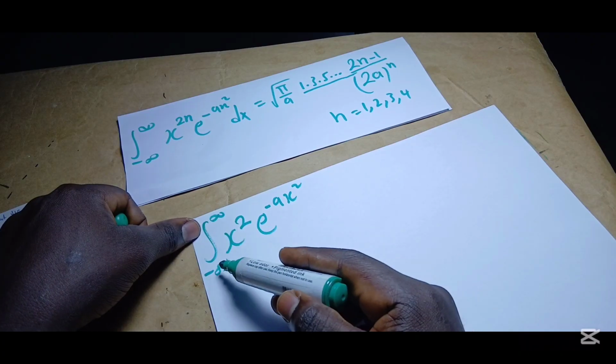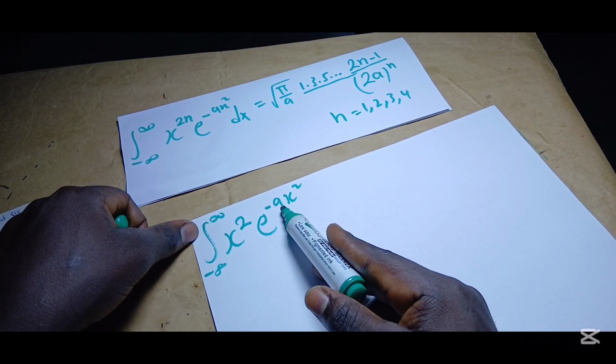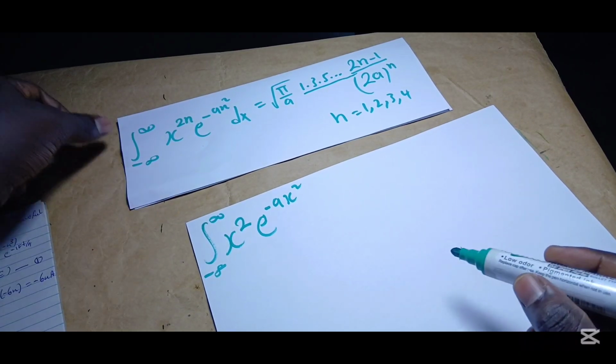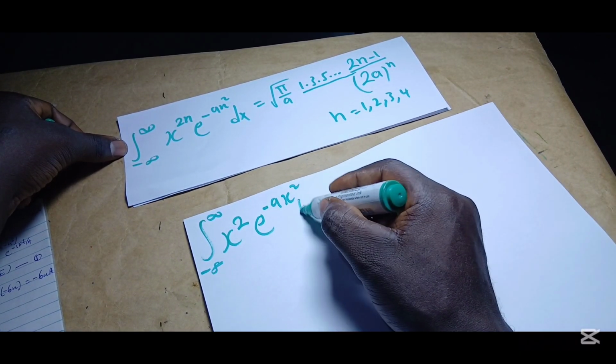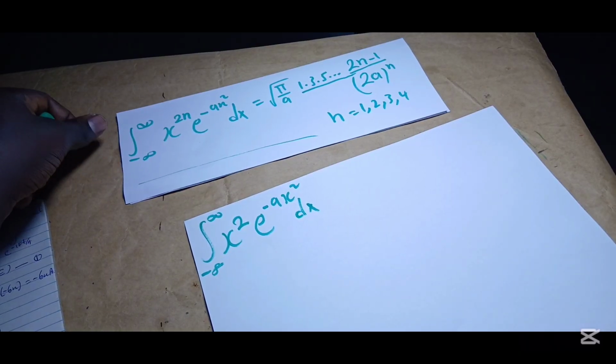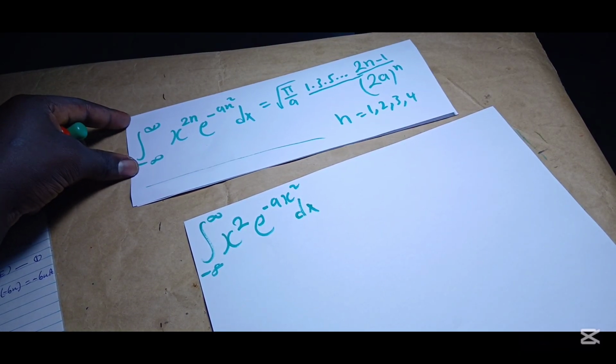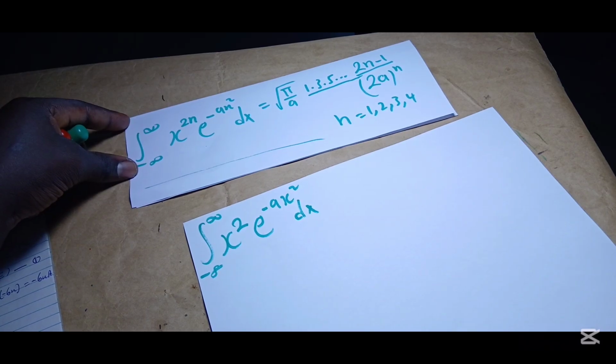Evaluate the integral from negative infinity to positive infinity of x squared e to the power negative a x squared. So looking at this, the integral is of this form. Generally, in an examination the standard integrals will be provided to you, and what you have to do is just know how to apply them.